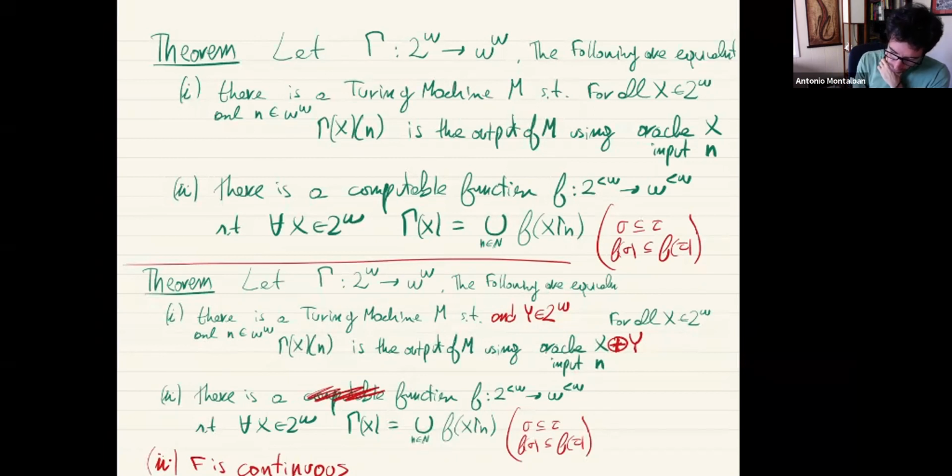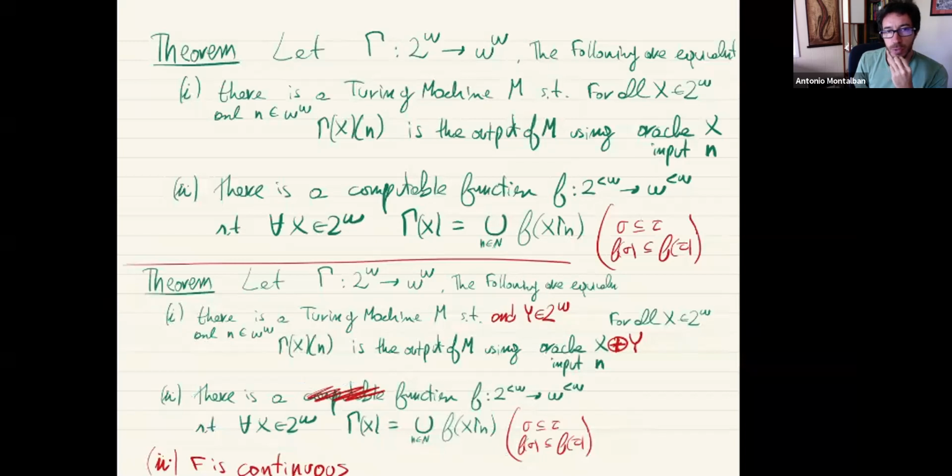So being continuous is the same as being computable relative to some oracle, a fixed oracle. And it's the same thing as there existing such a function, but now you don't require the function to be computable.